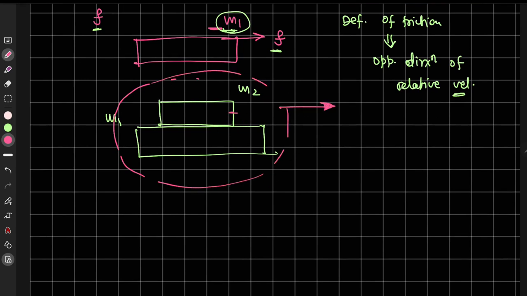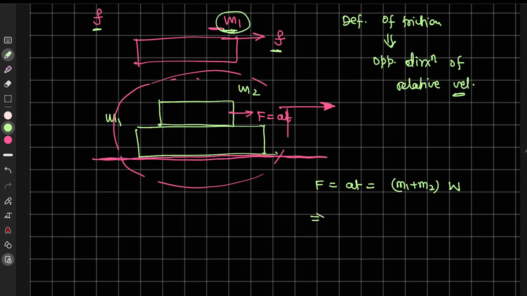Okay, and as we are applying force equal to AT, and there is no friction between this particular surface and the entire system, we can directly write force equal to AT is equal to total mass, that is m1 plus m2, into w, that is the acceleration.